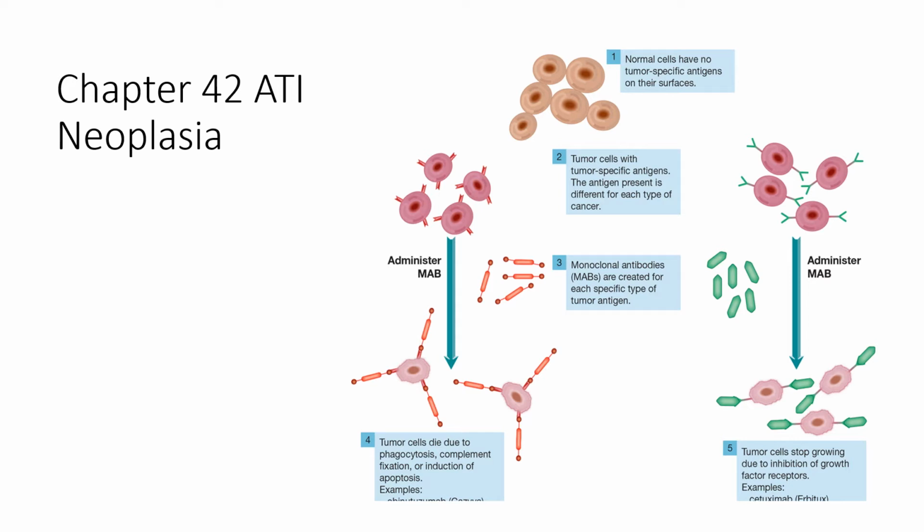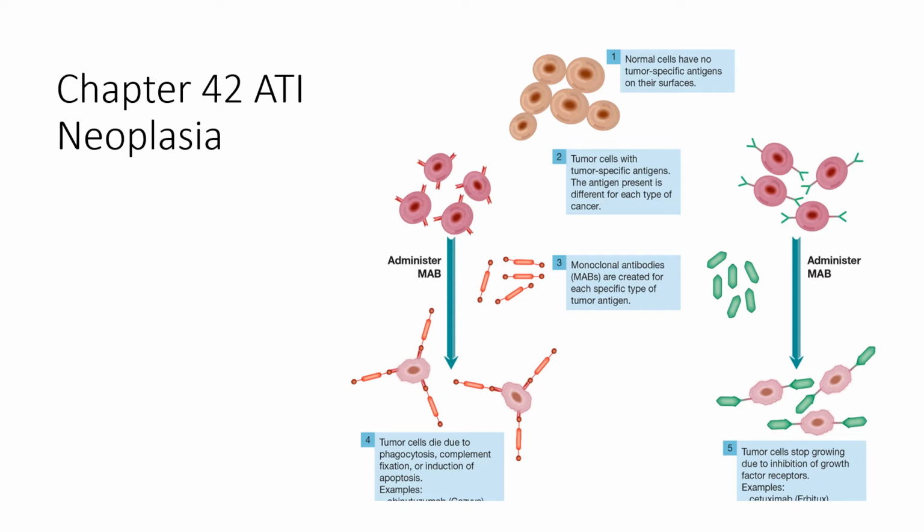So cancer cells can be studied in a research lab. Specific antigens can be found on the cell membranes of the cancer cells, and then they can produce monoclonal antibodies, almost like direct bullets that will attack those specific antigens with a specific antibody.